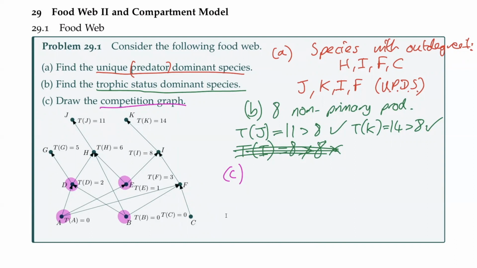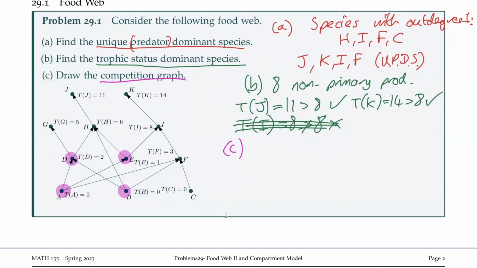G has no arrows, neither does J or K. H only has 1 arrow coming out of it, and I only has 1 arrow coming out of it. So we're only going to be getting competition for species A, B, D, and E.